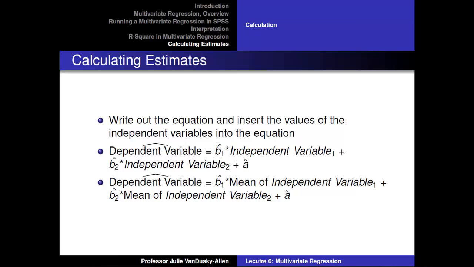However, we should never make estimates for values of the independent variables that are outside the bounds of the data we have for our variables. So for example, if the maximum value for our first independent variable was 10, we would not make estimates for when the variable had a value of 11.